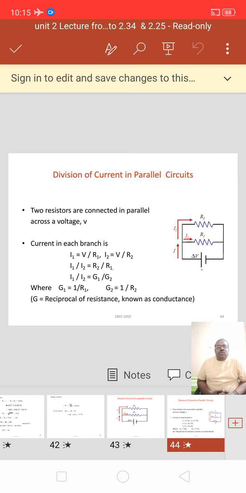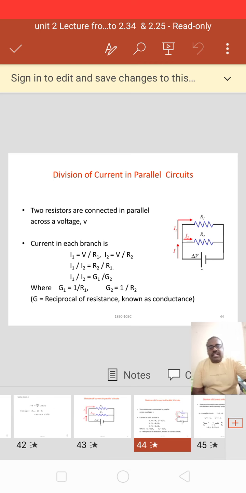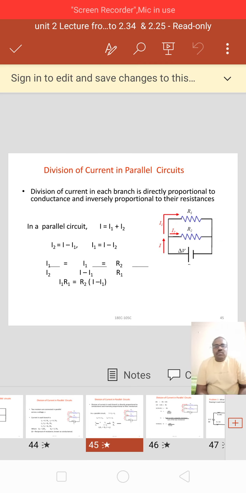I1 by I2 equal to, from the conductance point of view, G1 by G2. That is, conductance is the reciprocal of resistance, or resistance is the reciprocal of conductance. So G1 equal to 1 by R1, G2 equal to 1 by R2. That is, G is the reciprocal of resistance known as conductance. Okay.